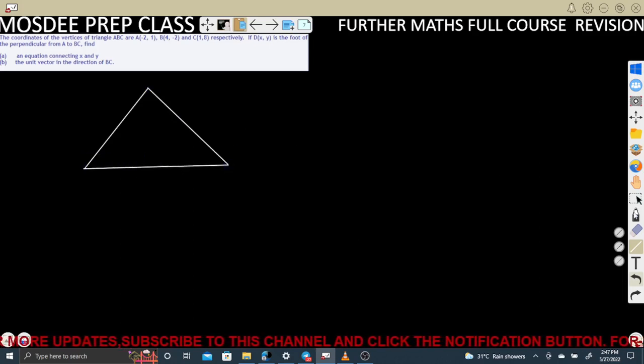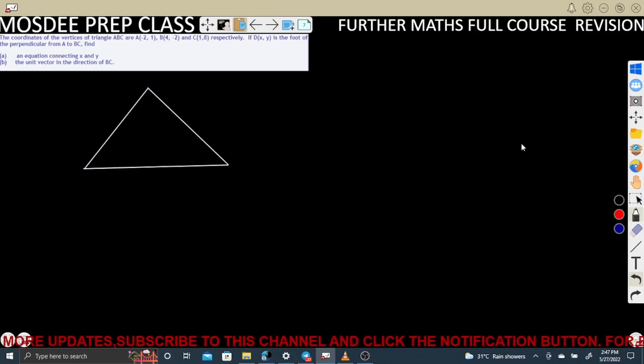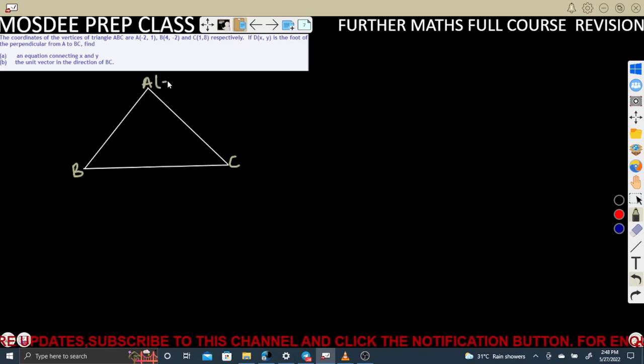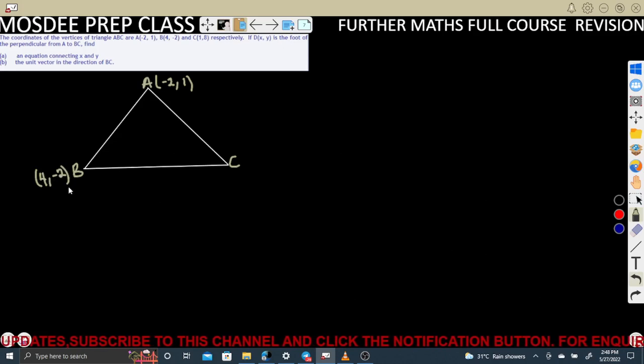So that is that about the triangle. So we are given coordinates, and we take my triangle A, B, and C. Each of them has coordinates. A has coordinate of -2 and 1. B has coordinate of 4 and -2.